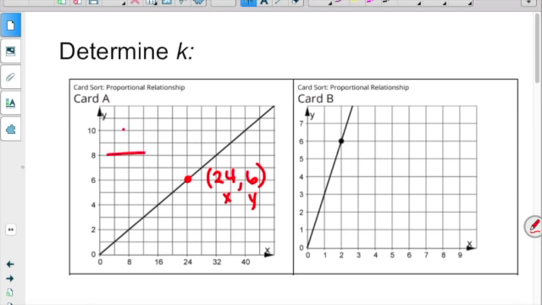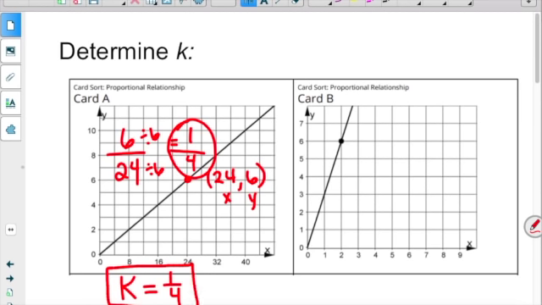So we're going to put our 6 as our numerator and our 24 as our denominator, and we're going to simplify. 6 goes into 24, so we can divide both of those by 6. Our numerator, 6 divided by 6 equals 1. Our denominator, 24 divided by 6 equals 4. So this is our constant of proportionality, or K, is equal to 1/4.